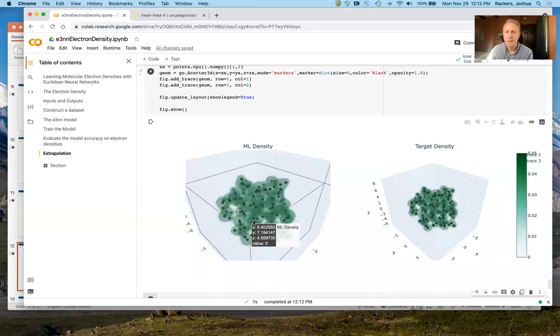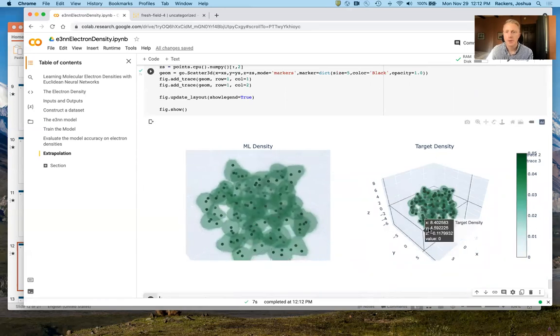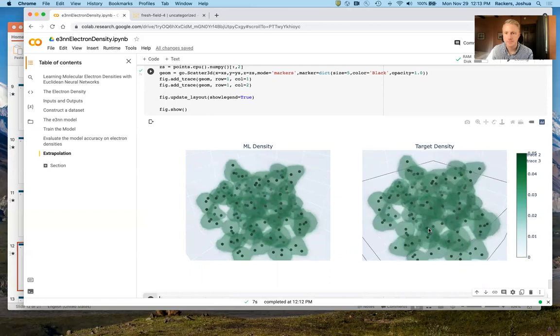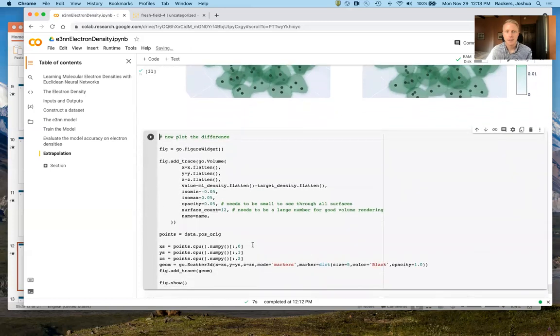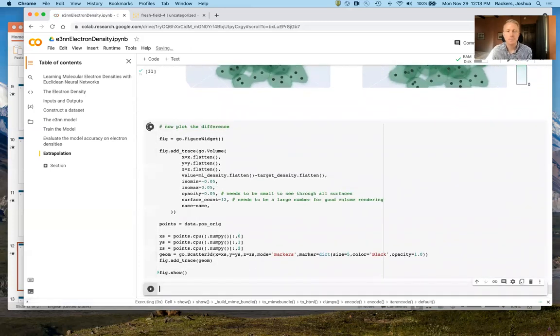And here you go. And just as before, if we look at these things and we zoom in, it's very difficult to try to parse out where the difference between these machine learned and target densities is. So let's plot the difference again and see how that looks.